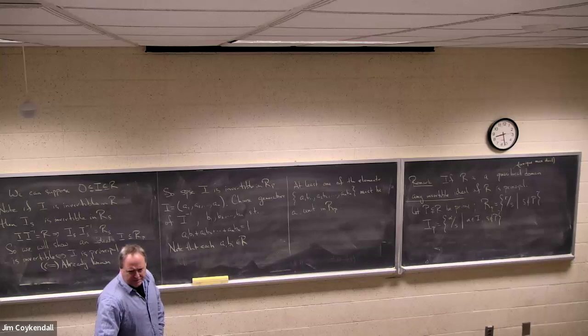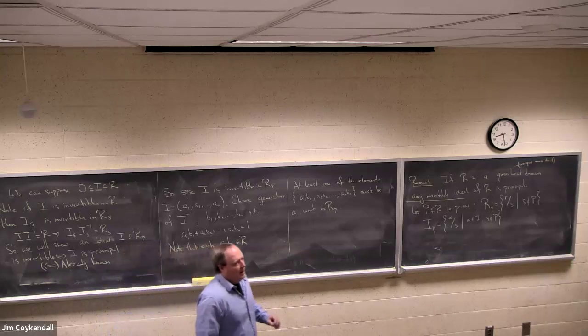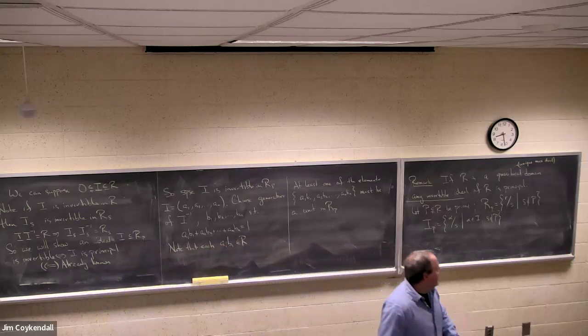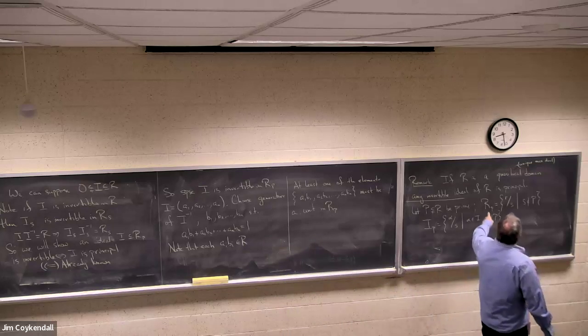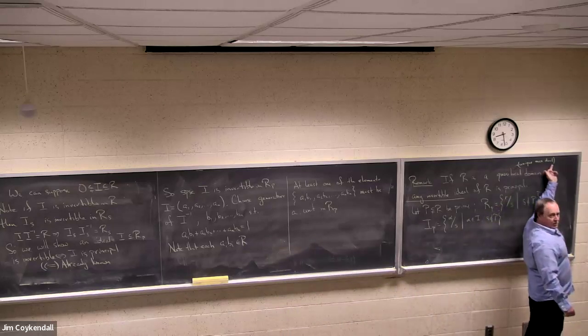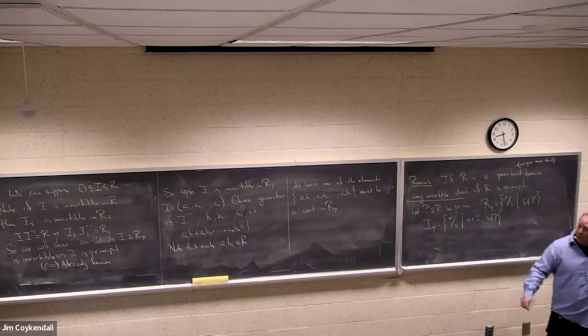If none of them are units, then they're all in the maximal ideal, so their sum is also. That's huge, right? Any quasi-local ring, so our local ring, has a unique maximal ideal.